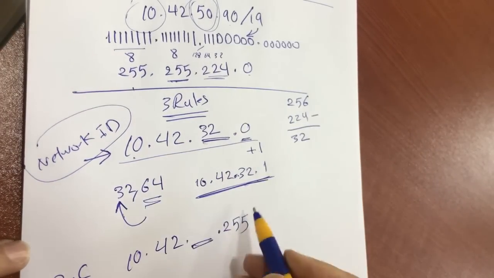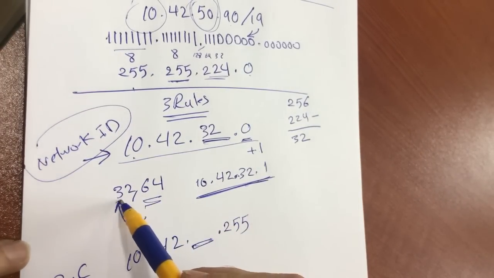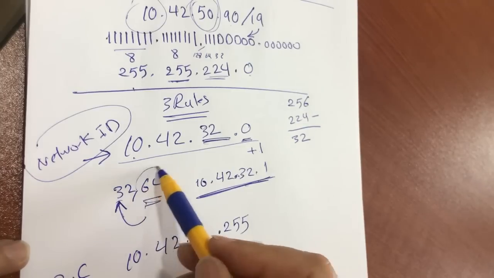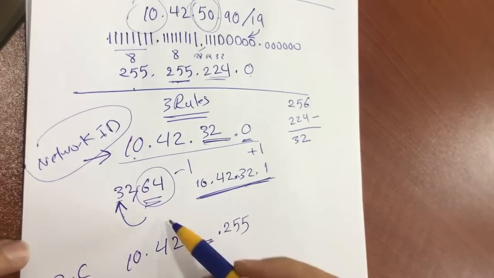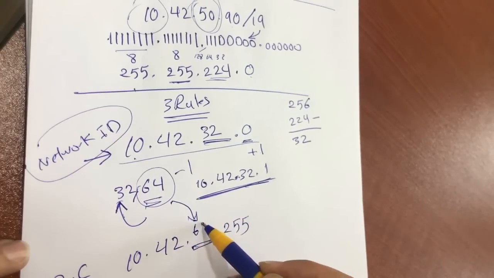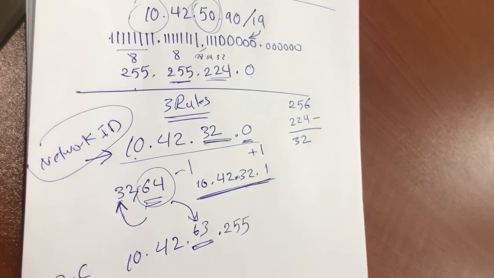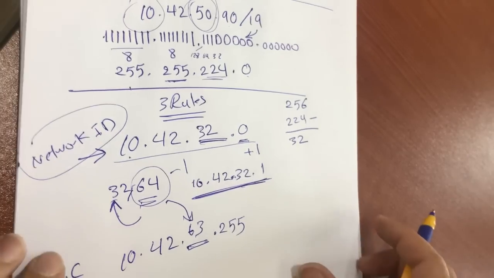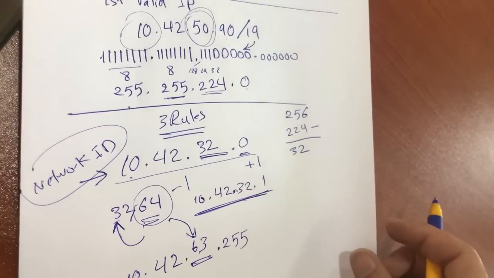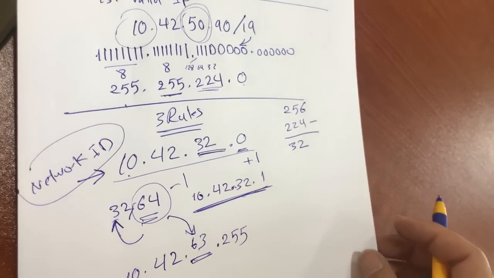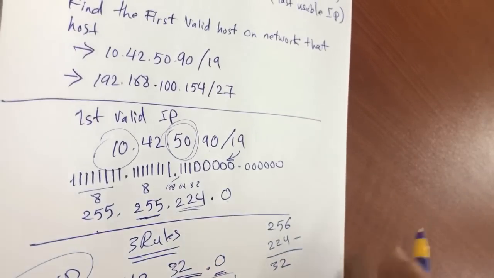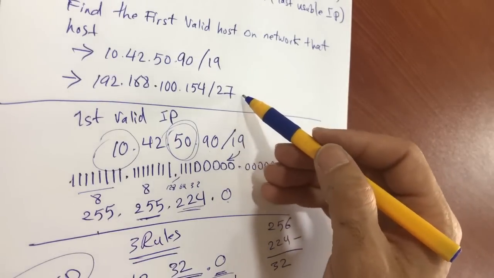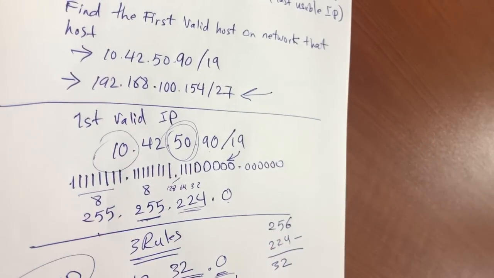And for this, instead of using the number before the last number, we use the last number minus 1, so this will be 63. So let's find the first and last valid IP address for this example as well.